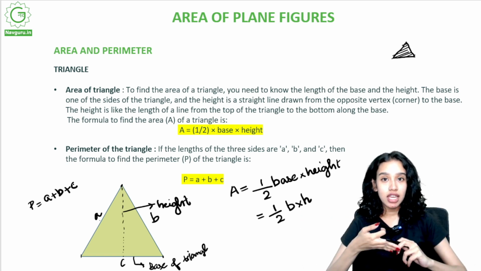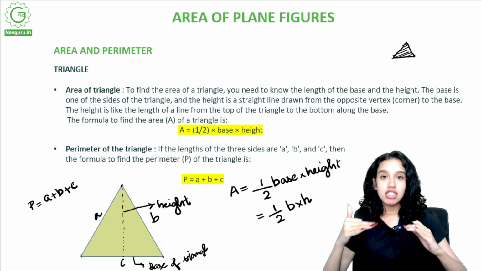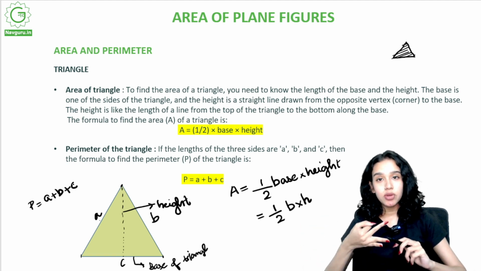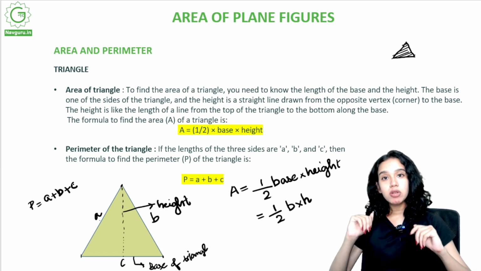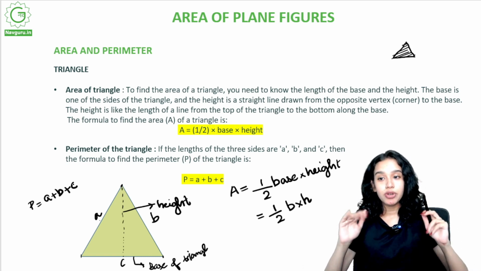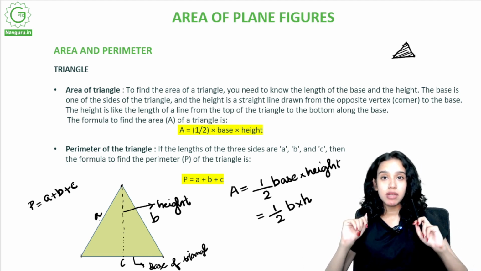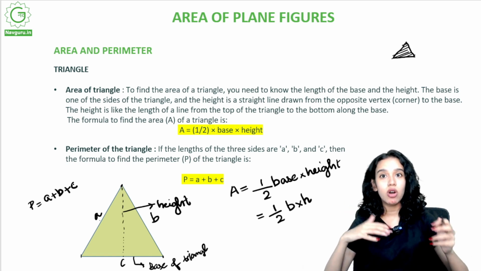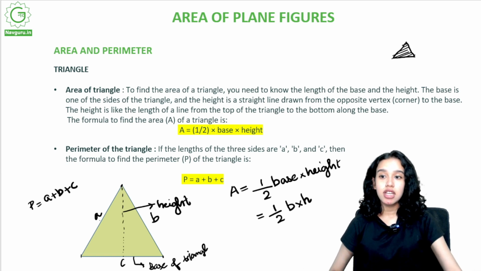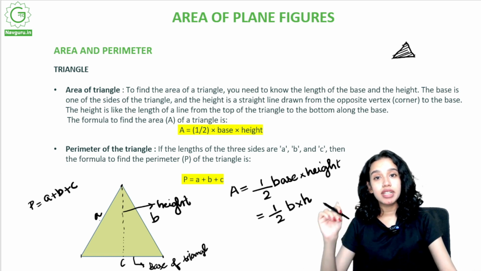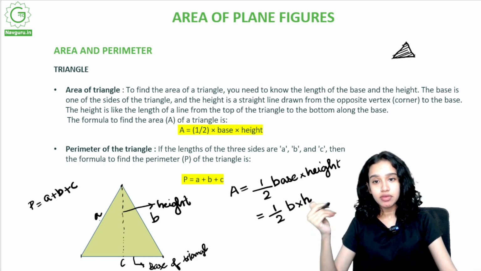Scalene triangles have three sides of three different lengths, and an equilateral triangle has all three sides of the same length. Now what about isosceles triangles? For isosceles triangles, we have two same sides and one irregular side, or one side which differs from the other two sides, right?